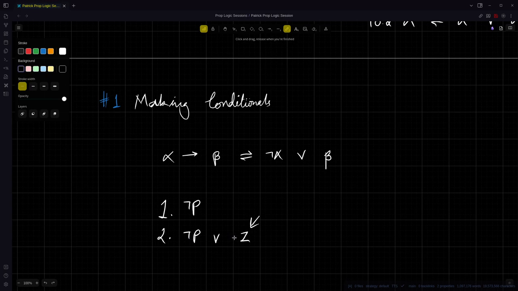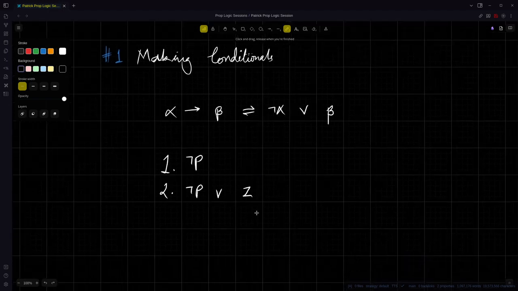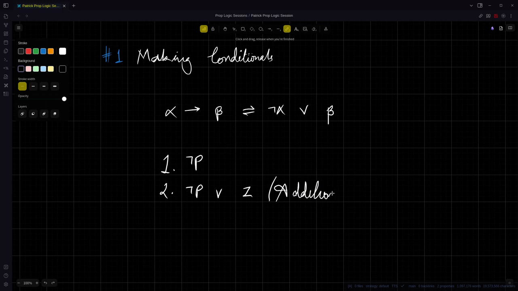As long as not P is true, the disjunction will be true. So this is addition. And then you can use the material implication rule, and you have a false antecedent and a true consequent, so you can derive P implies Z. That's from 2, material implication.